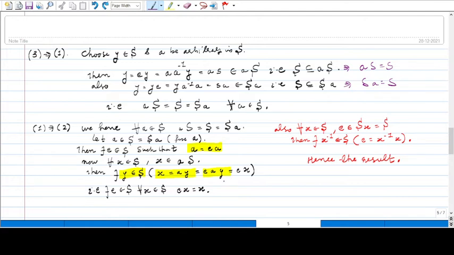X equal to EX means E is a left identity for every element X. Here I am taking for every X, I got X equal to EX. So E is the left identity. That's what I have written here. There is E belongs to S, for any X belongs to S, EX equal to X.